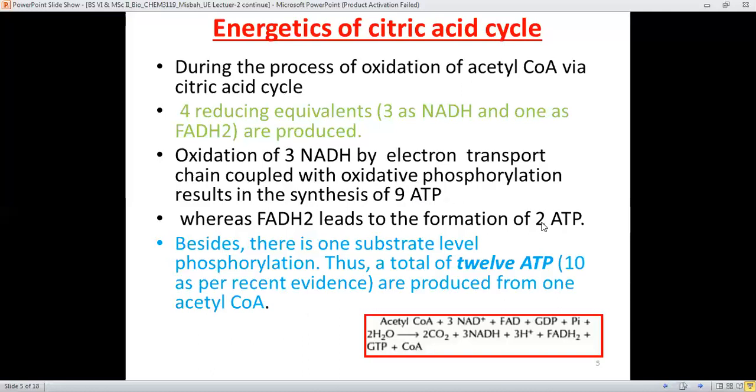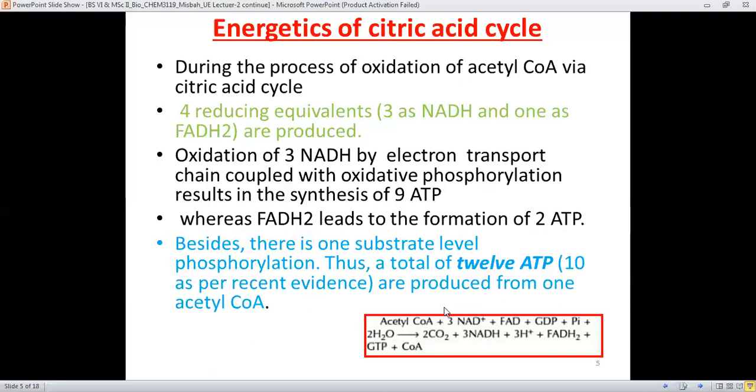This 9 plus 2 comes out to 11, and there is one substrate level phosphorylation that generates one ATP, so overall there are 12 ATPs. But in the literature, at some places, there is evidence that only 10 ATPs are produced from one molecule of acetyl CoA entering the tricarboxylic acid cycle.